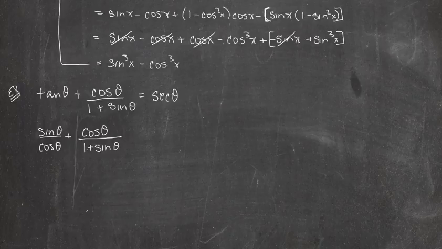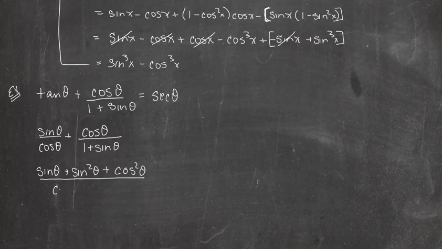Okay, now common denominator, I'm going to multiply 1 plus sine theta times sine theta. So that gives me sine theta plus sine squared theta. Of course, I always love getting sine squareds. And plus cos squared theta, oh, that looks really good, over cos theta times 1 plus sine theta. I can distribute this, but I'm not going to, because I'd end up with a sine theta plus 1, which is the same as this.